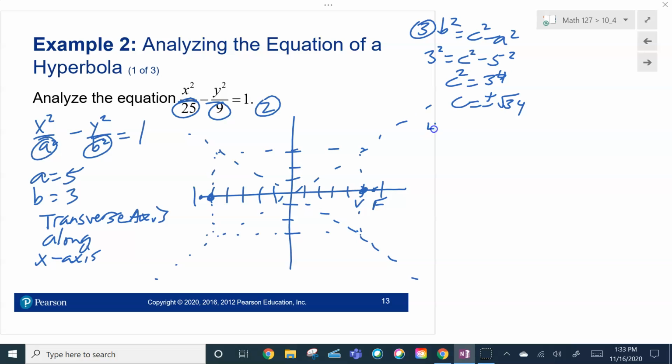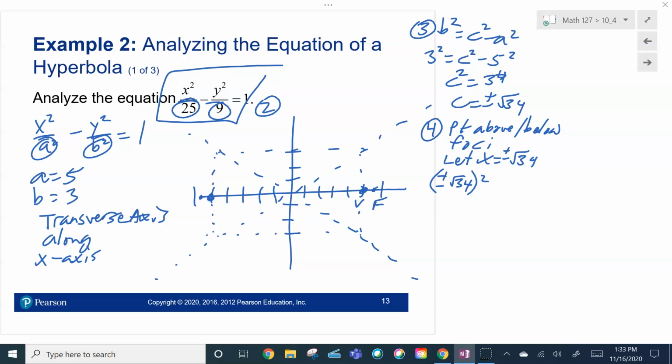So now, if we're going to get the points above and below the foci, let's let our x be plus or minus root 34. We're using this equation right here: x squared over 25 minus y squared over 9 equals 1. That ends up being y squared over 9 equals 9 over 25.